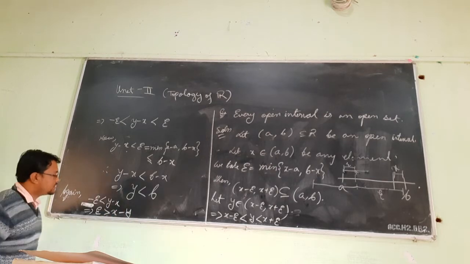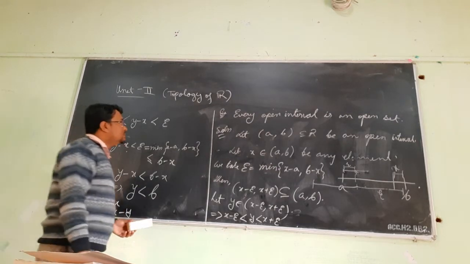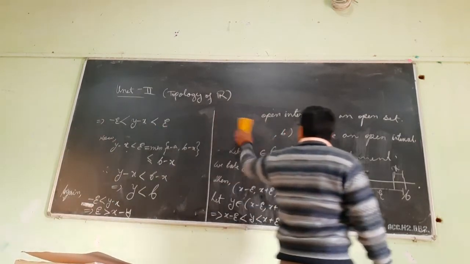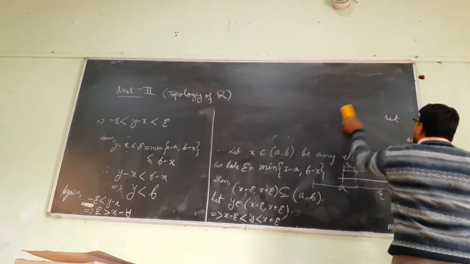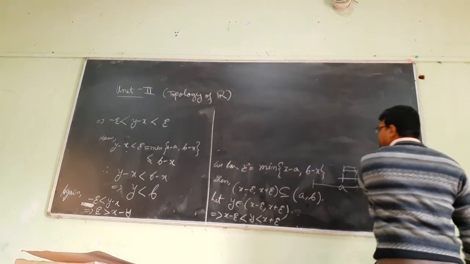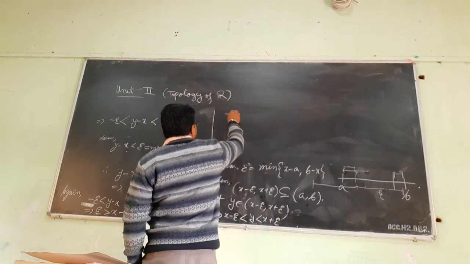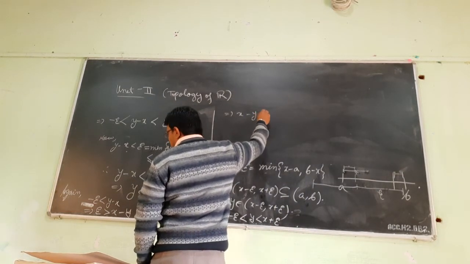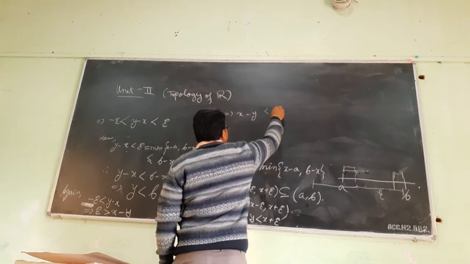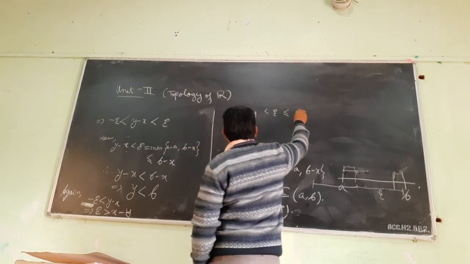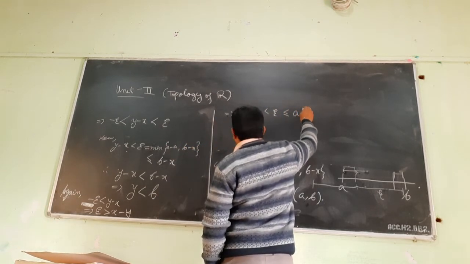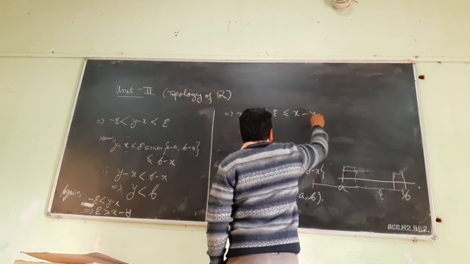So x minus y is strictly less than epsilon, but this is again less than or equal to x minus a.